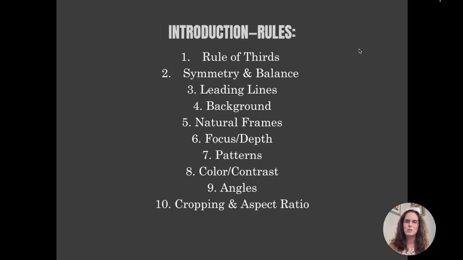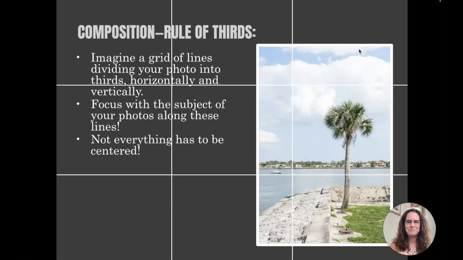I'm just going to expose you to all of them so that you are aware of what to begin looking for. So you've got rule of thirds, symmetry and balance, leading lines, background, natural frames, focus and depth, patterns, color, contrast, angles, and then cropping / aspect ratio, in the world of social media. That's what we know it as.